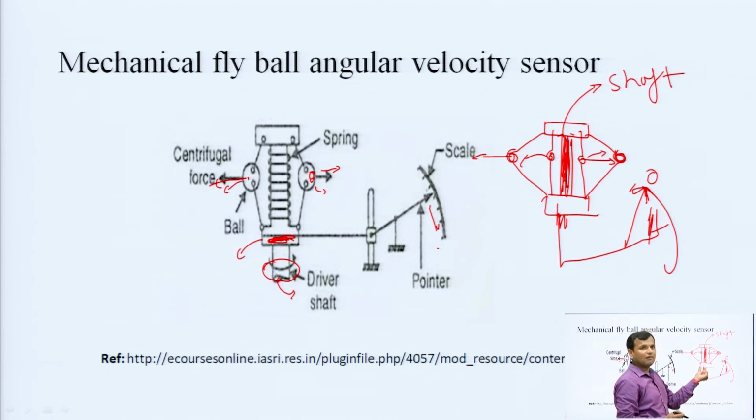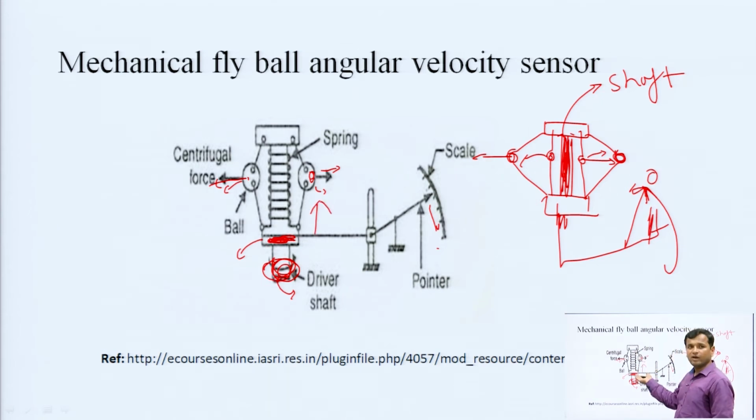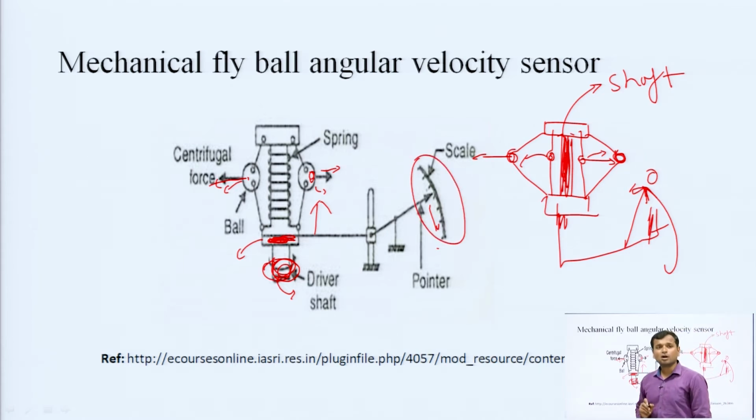When the shaft rotates, because of the centrifugal force, the balls get away from the shaft, and that weight moves up, and then you will get a proportional reading on the counter.